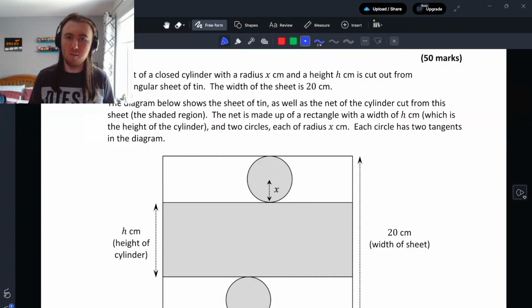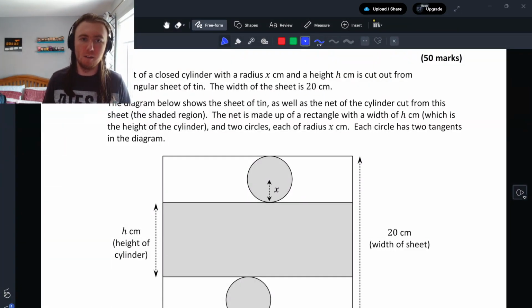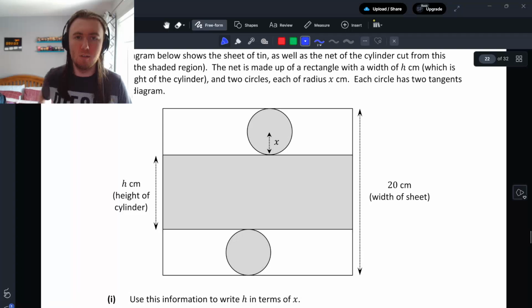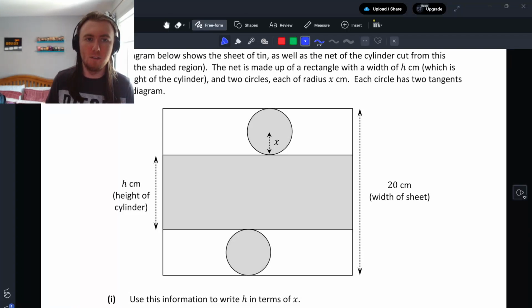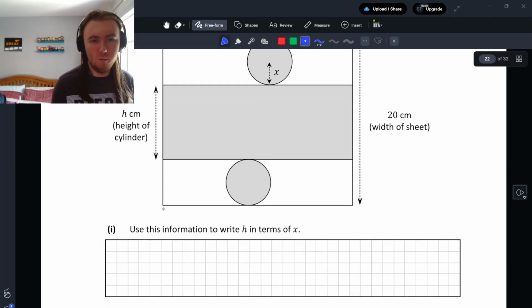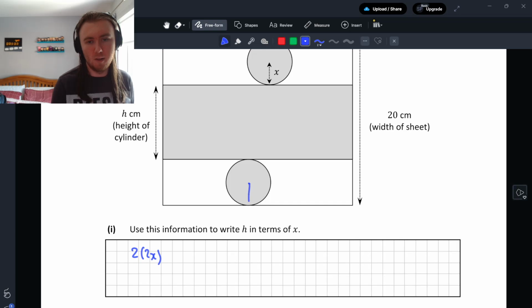Net of a closed cylinder, radius X and height H, is cut from a rectangular sheet of tin. Width of the sheet is 20. Diagram below shows the sheet of tin as well as the net of the cylinder cut from the sheet. Rectangle of width H and two circles each of radius X. Use the information to write H in terms of X. Well, if these are of radius X, then they're of height 2X.